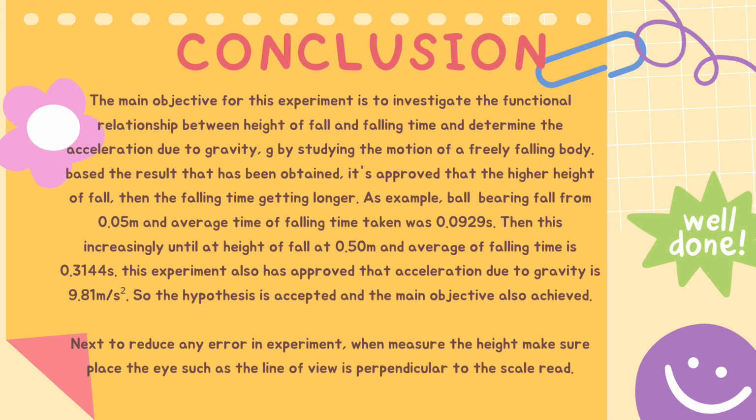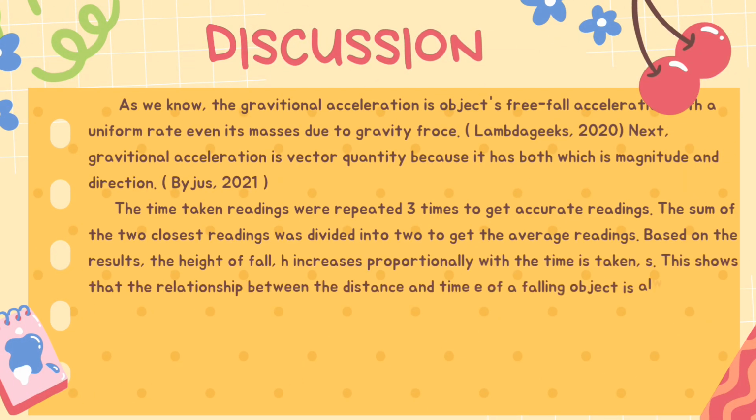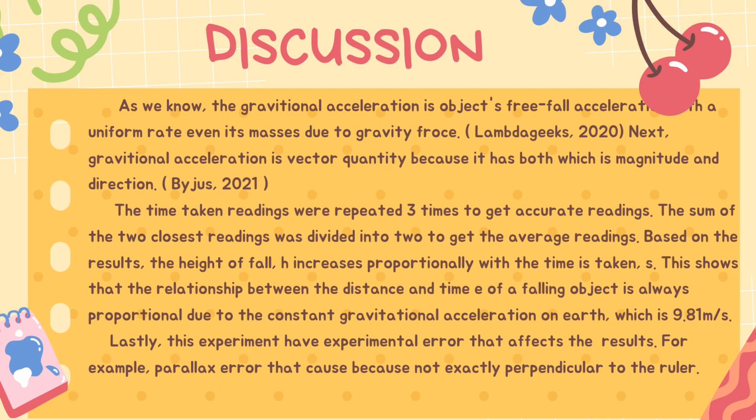Next, to reduce any error in the experiment, when measuring the height, make sure to place the eye so that the line of view is perpendicular to the scale reading. As we know, gravitational acceleration is an object's free fall acceleration at a uniform rate, regardless of its mass, due to gravity force.